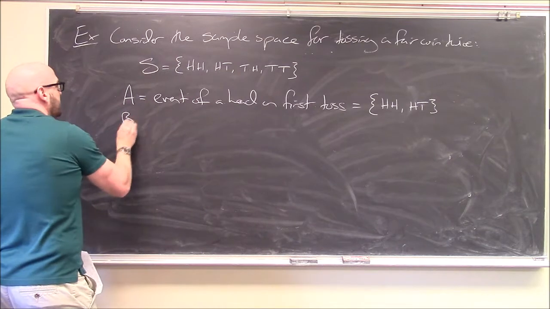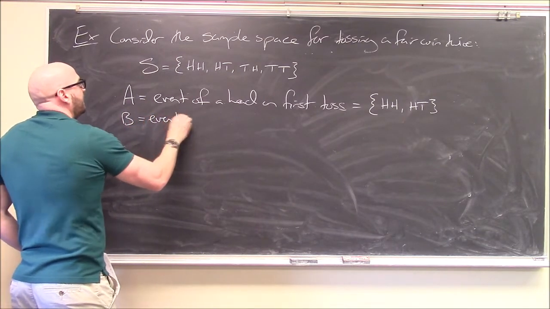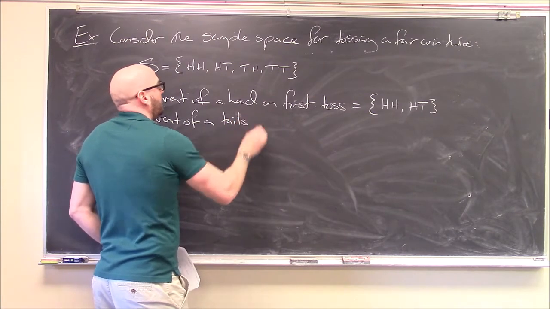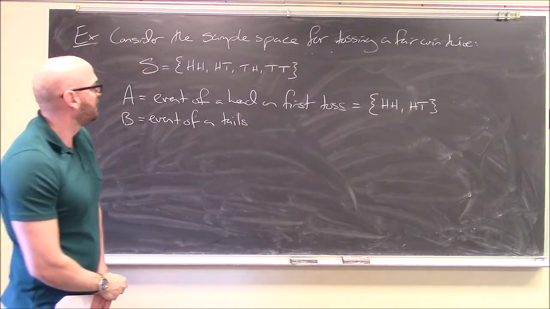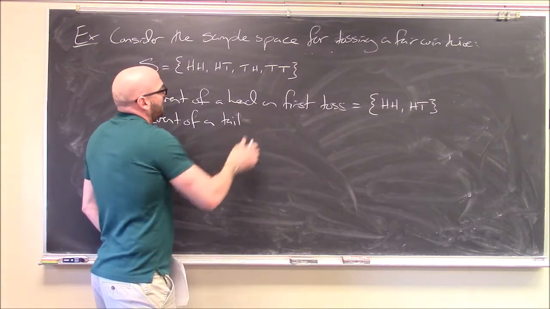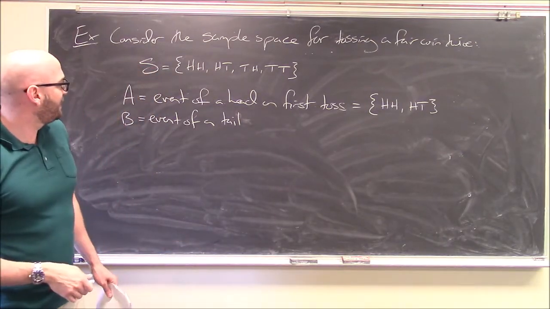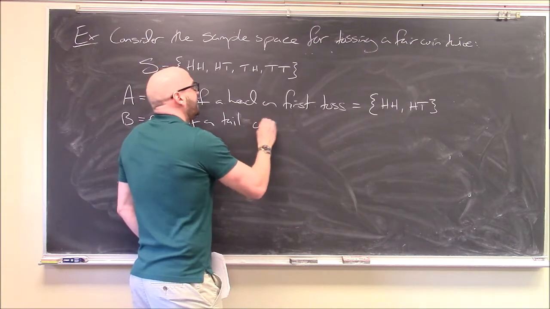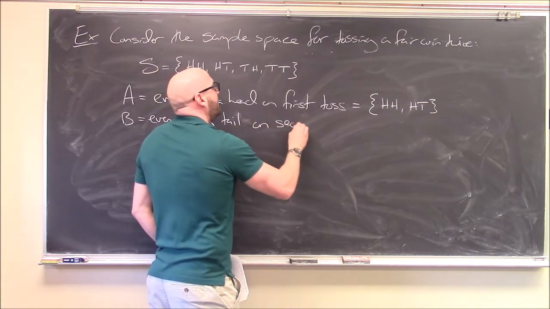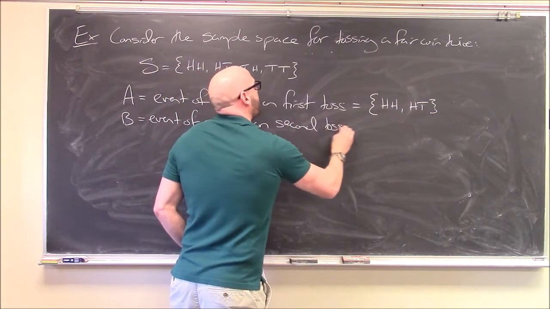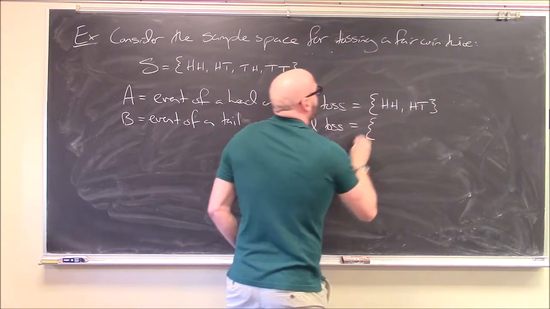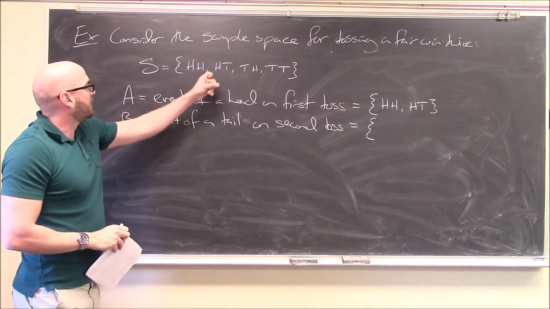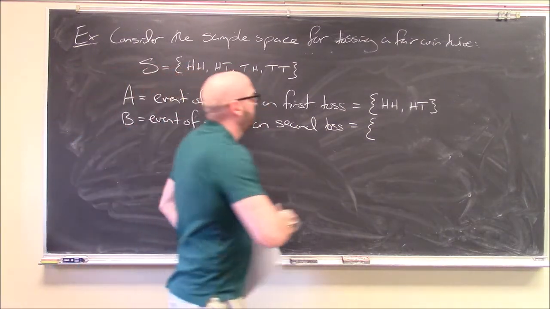And event B will be the event of a tail on the second toss. So what would this correspond to? Tail on the second toss would be HT or TT.